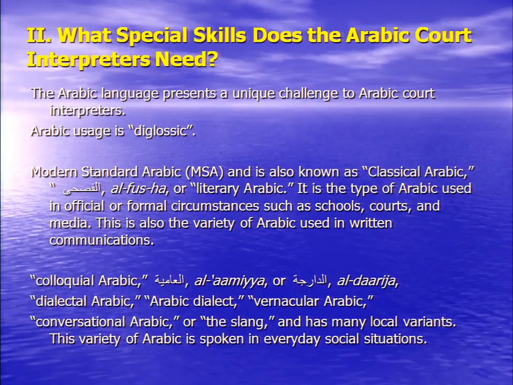Our use of Arabic is diglossic, which means that we use both of those types of Arabic in one speech. Modern Standard Arabic is also known as Classical Arabic, and that's an official formal language we use in school. That's the language we learned at school. It is the language used in the courts, media, and communication. And the colloquial Arabic, which I said before is spoken in different regions, is اللغة العامية.